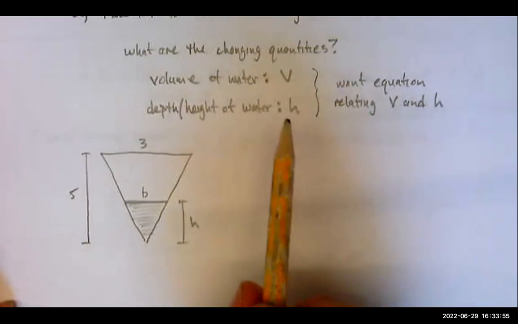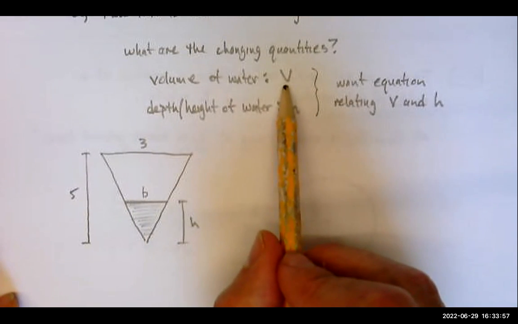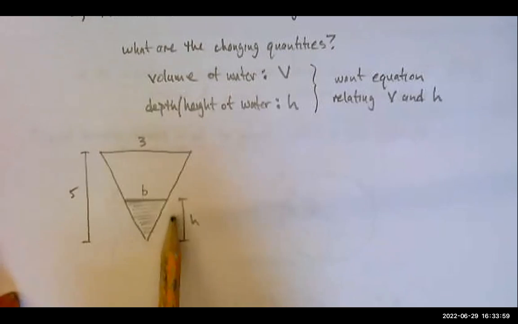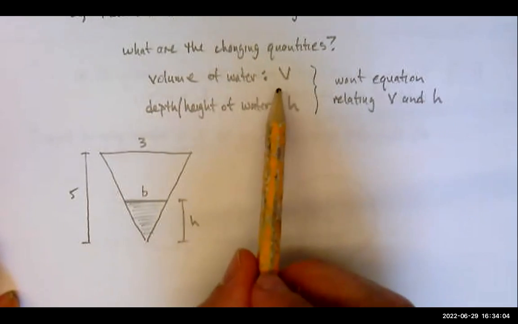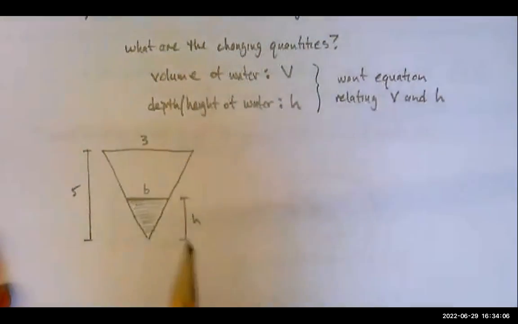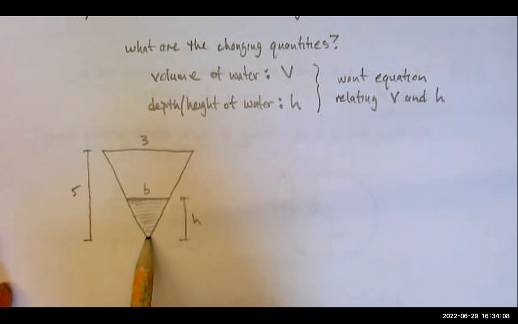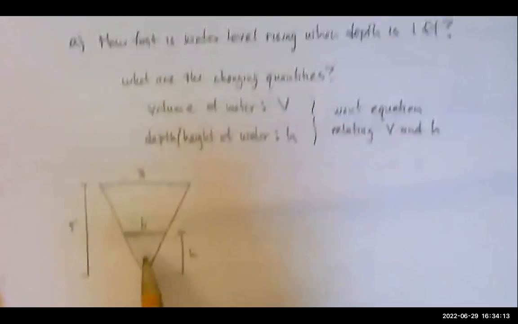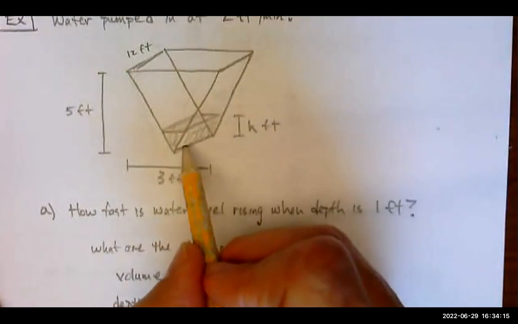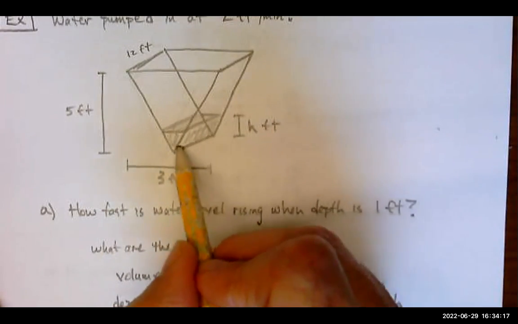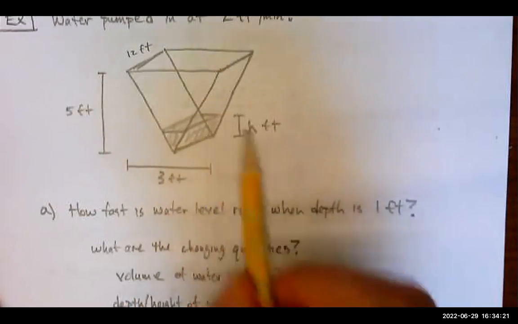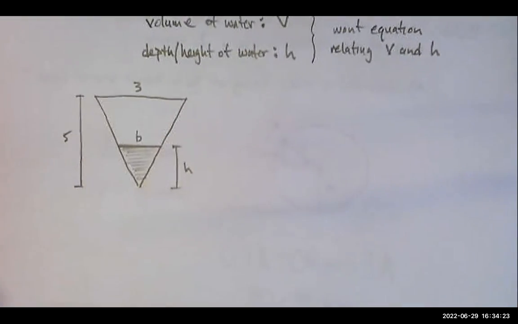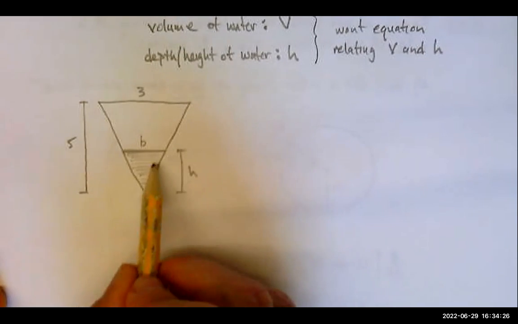We're trying to figure out the volume of the water relating to its height. Well, if I can figure out the area of that triangle, I can multiply by the length of that base. The area here times the length will tell me the volume. So I'm labeling it B like it's the base of my triangle.